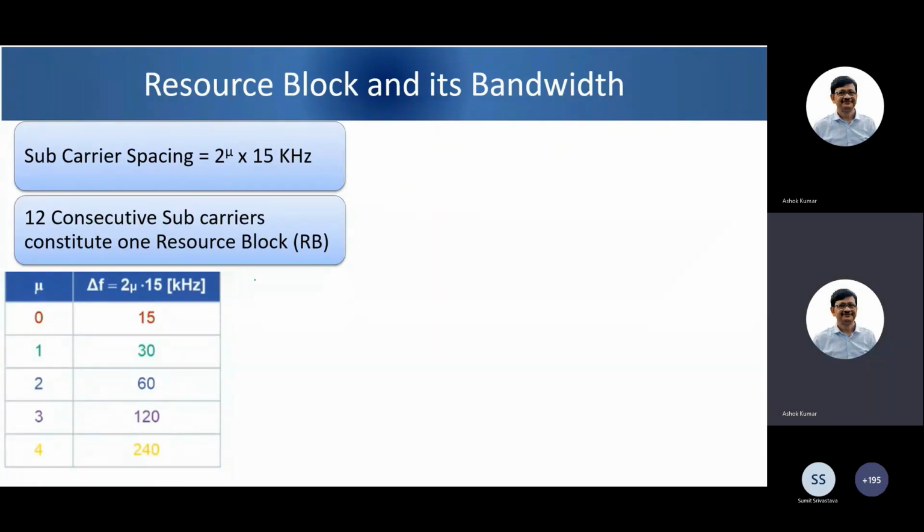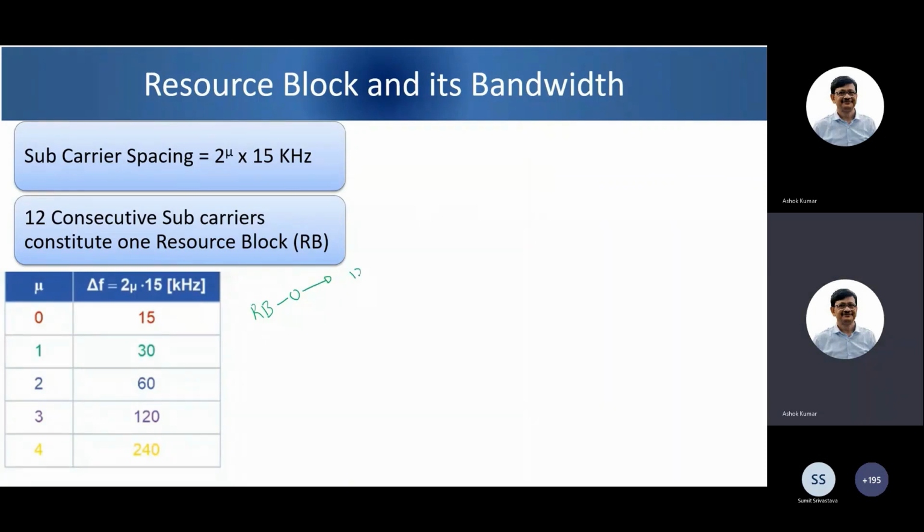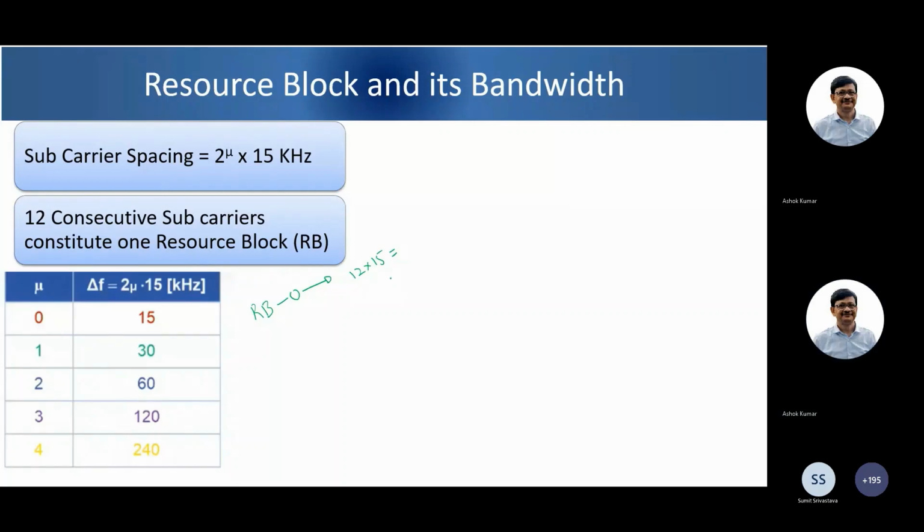I said an RB is 12 consecutive subcarriers. So the RB bandwidth for numerology 0 will be how much? 12 into 15 kilohertz. How much will it be? Please answer in the chat box.